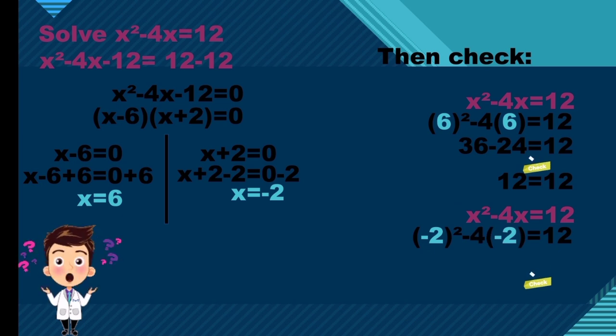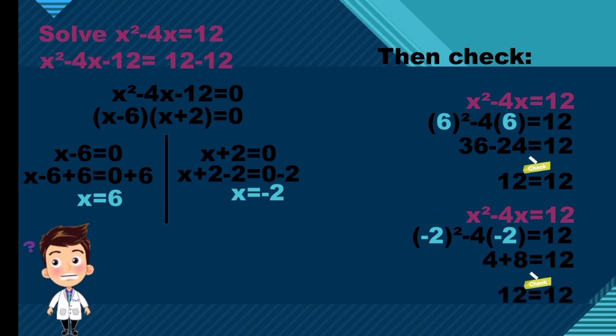Now we substitute negative 2. Negative 2 squared minus 4 times negative 2 is equal to 12. Then we get 4 plus 8 equals 12. So 12 equals 12 is correct.